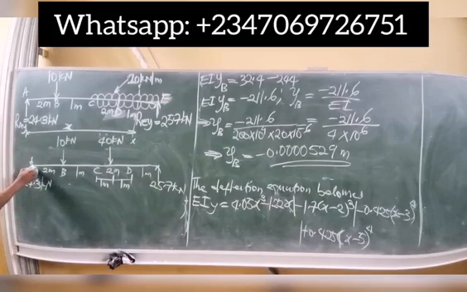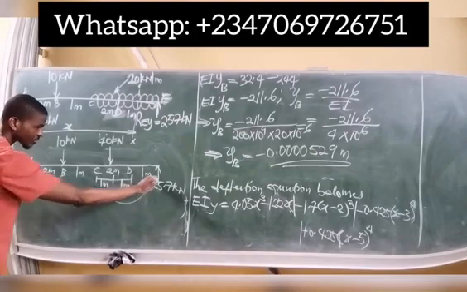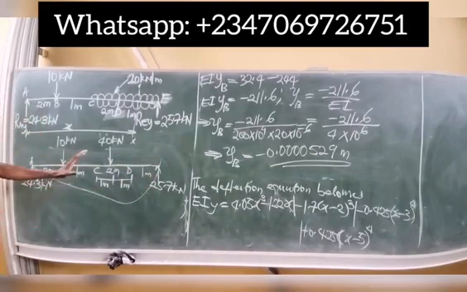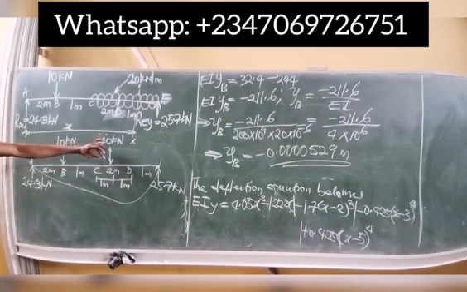If we draw the deflection curve, you see that it goes somewhat in this direction. So it should be more on the side of the 40 kilonewtons load, and the beam should be more deflected at the point where we have the 40 kilonewtons load.